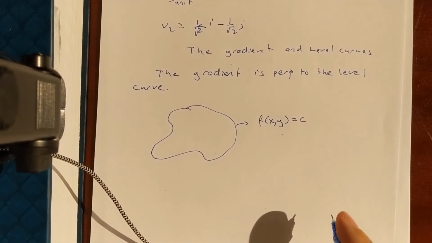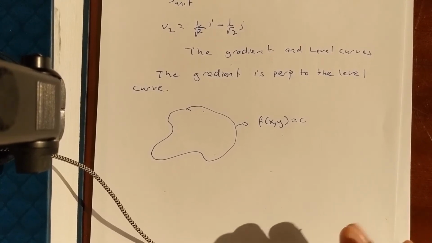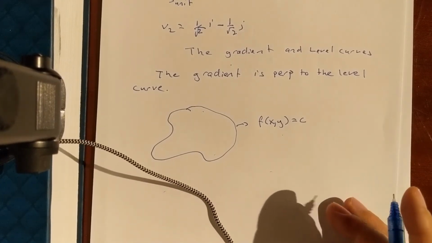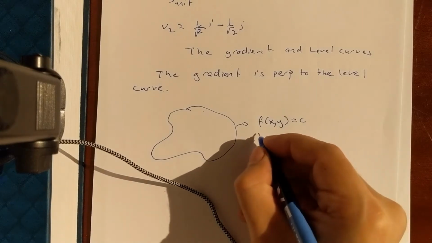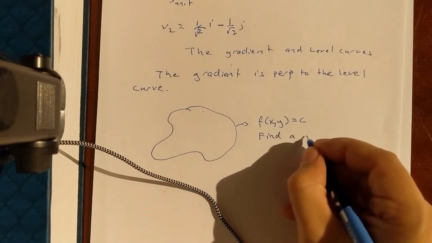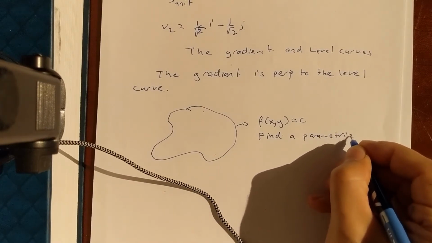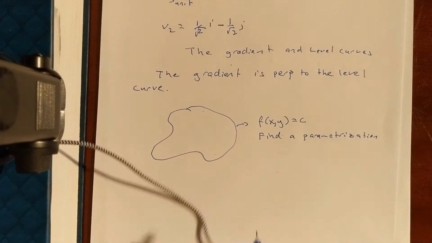Now, because it's a curve, hopefully a smooth curve, let's find the parameterization of it. Let's say we found the parameterization.